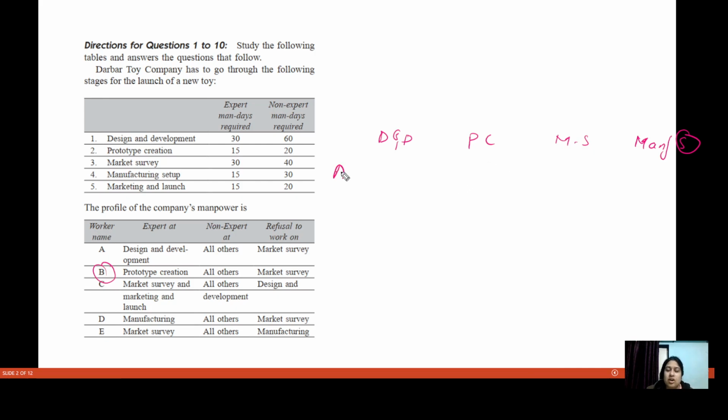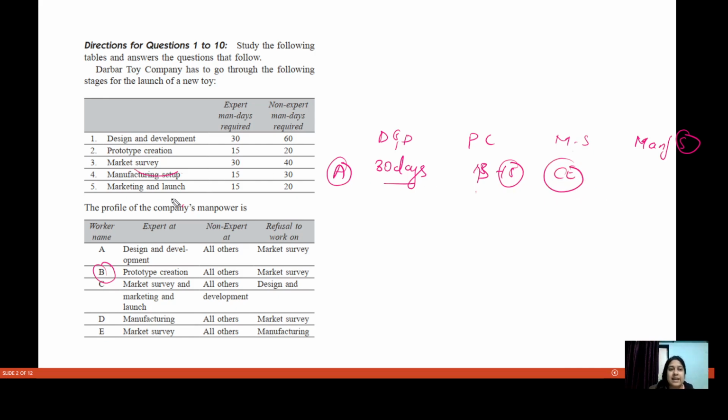So we'll allot A to design and development. He will be able to do this in 30 days. We will allot prototype creation to B, and B will be able to complete this work in 15 days.